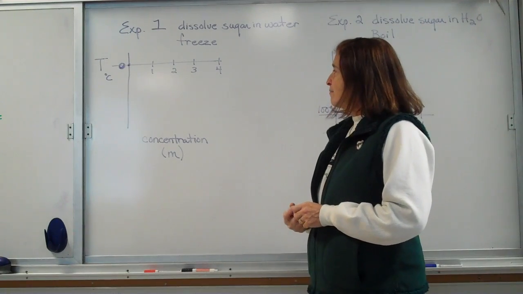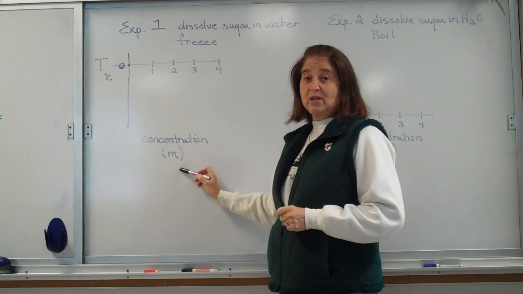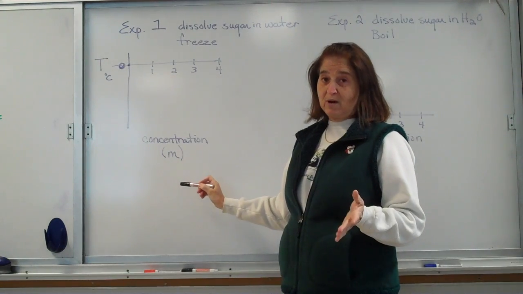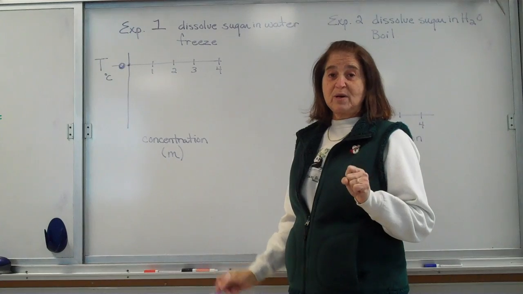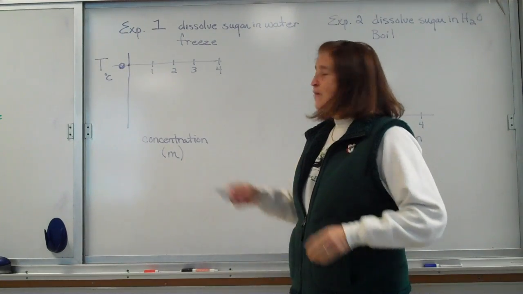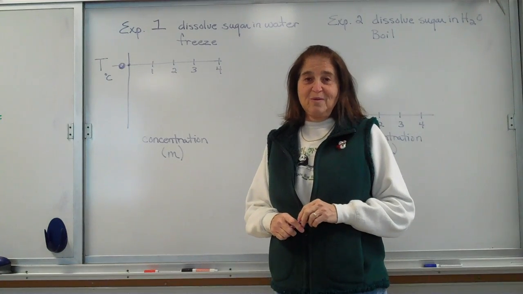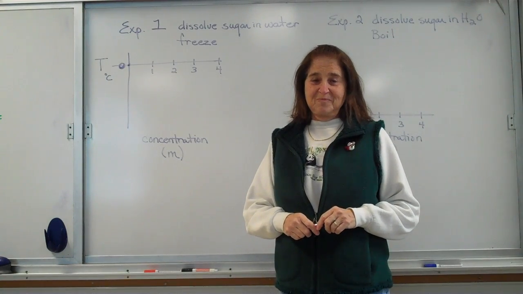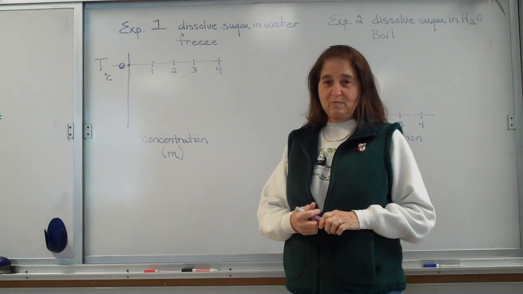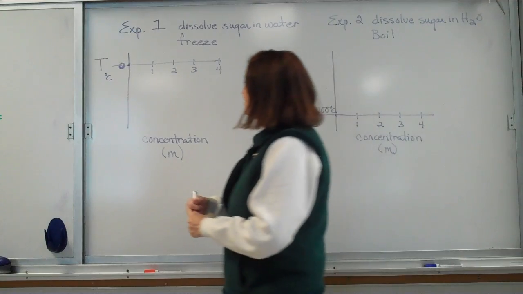If I have pure water, the concentration in molality would be 0, if there is no solute present, the concentration would be 0 molal. So if I have pure water, you know the normal freezing point is going to be 0 degrees Celsius.